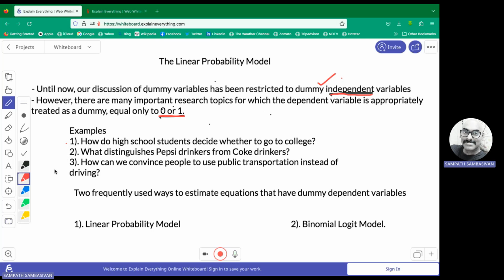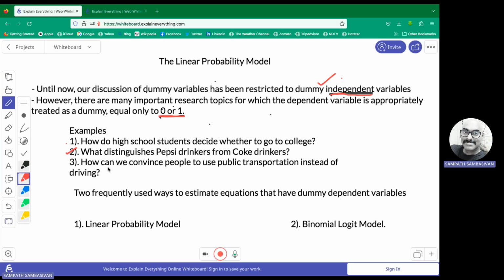Also, what distinguishes Pepsi drinkers from Coke drinkers? This may not be a variable which we might be able to quantify very well. It would definitely be qualitative in nature, right? So the difference here is that the dependent variable has a qualitative nature.